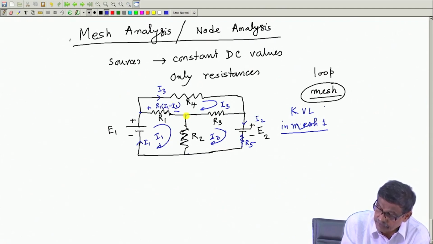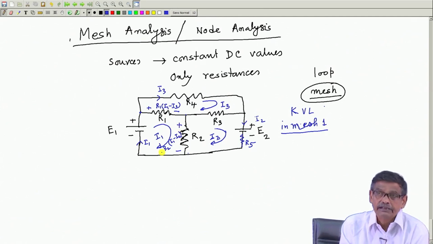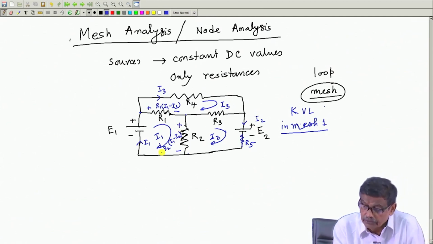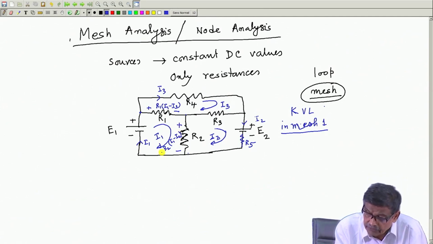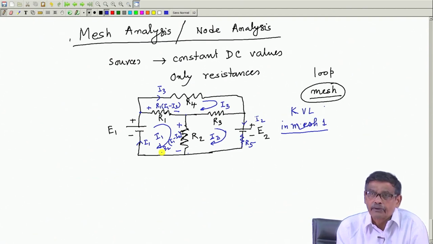Similarly, this current from top to bottom is I 1 minus I 2, and this drop can be written as R 2 into I 1 minus I 2 with this polarity, mind you, that is very important. If somebody says no, current is I 3 minus I 1 from right to left, then he has to write plus here, minus here for the voltage drop R 1 into I 3 minus I 1.